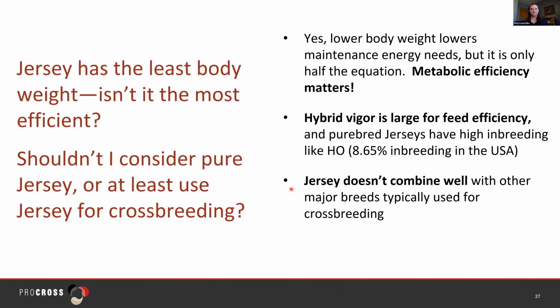Okay. But then the last thing to consider, and we already talked about this, Jersey does not combine well with some other breeds when we use them for crossbreeding. So those negatives like the body size variation, the deeper udders, the lower solids production and later lactations, those things crop back up and probably outweigh any advantage that you're going to see in the maintenance energy gains that you get from Jersey. Okay.